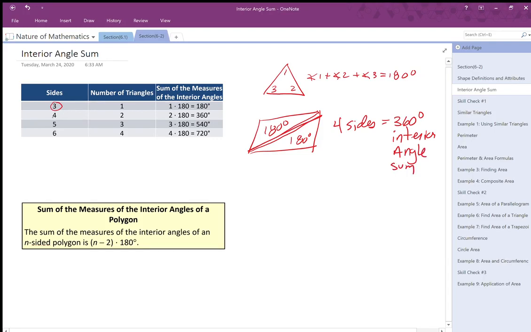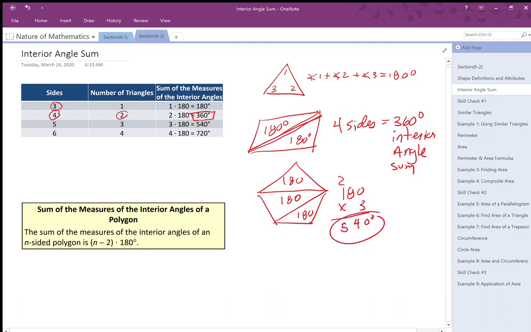And we see that with 4 sides, there's 2 triangles and 360 degrees. And then if you had 5 sides, you can cut this into 3 triangles, 180 times 3 triangles gives us 540 degrees. And we see the list goes on and on, and we can go up to n sides.